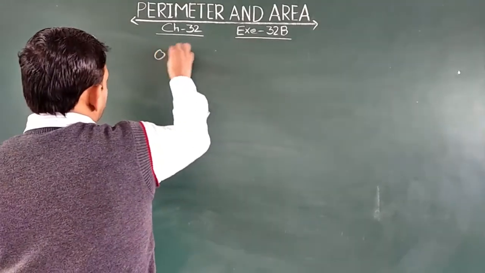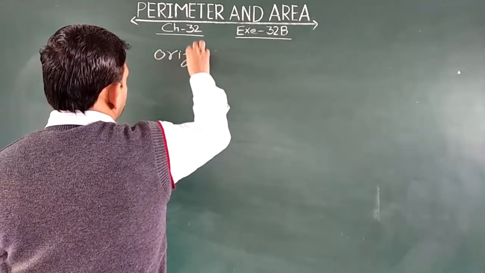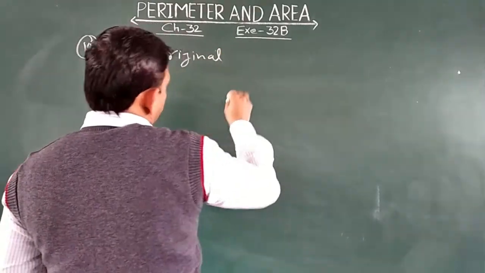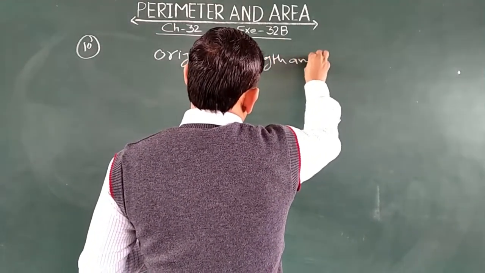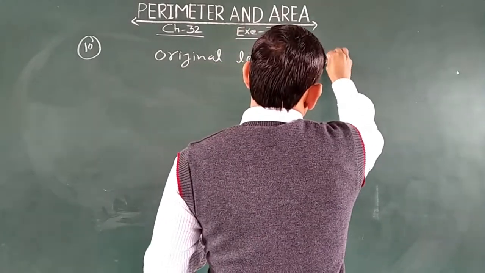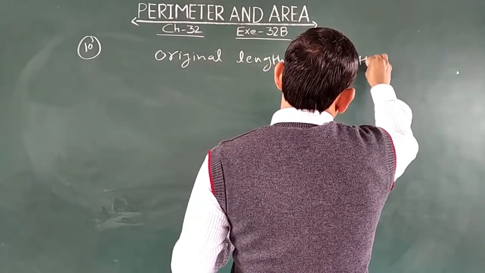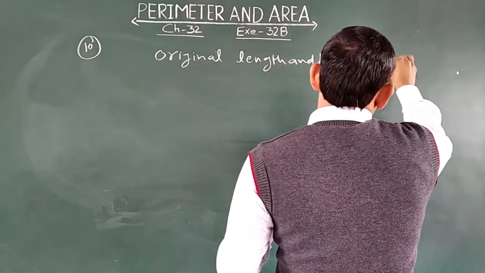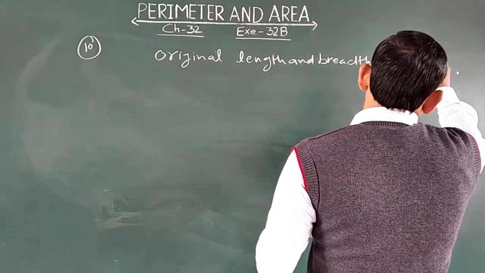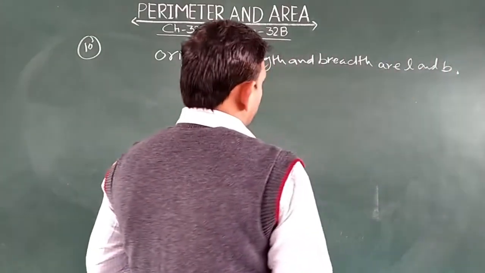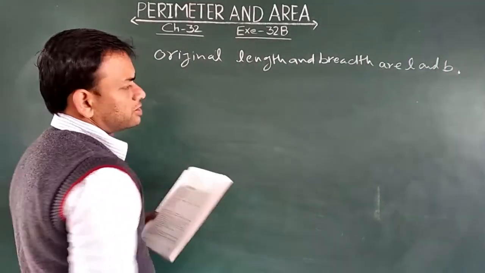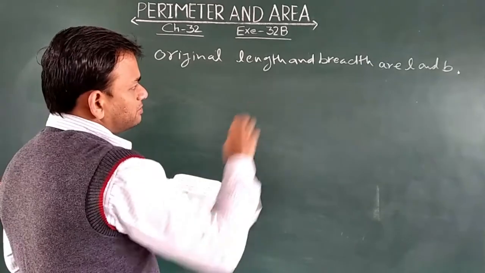So first of all, we will suppose that the original length and breadth are L and B. Okay, the original length and breadth of a rectangle are L and B.